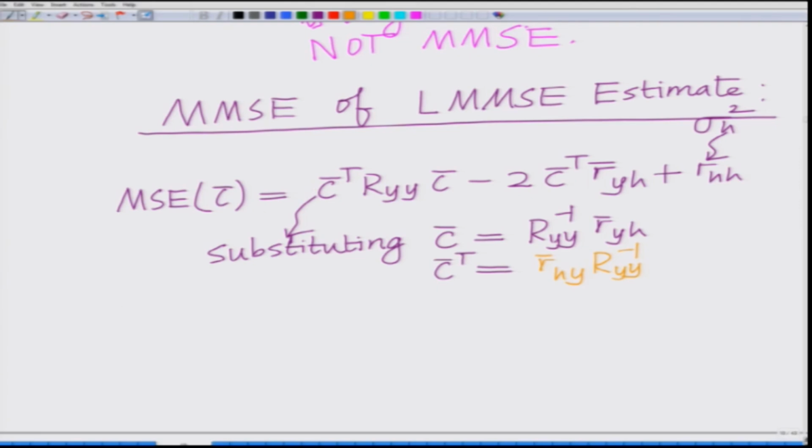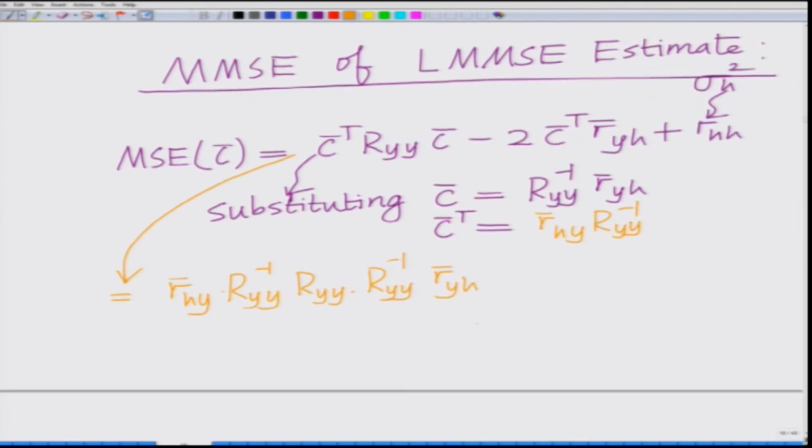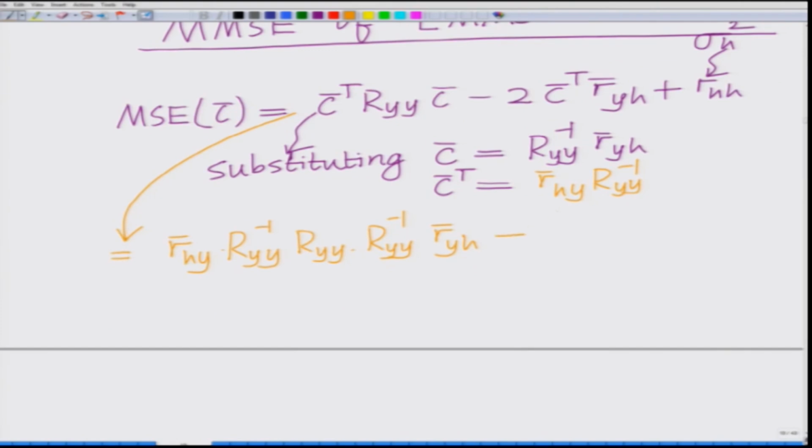Substituting, this becomes R bar HY RYY inverse into RYY into RYY inverse into R bar YH, minus twice C bar transpose, that is minus twice R bar HY RYY inverse into R bar YH, plus RHH, which is sigma h square.